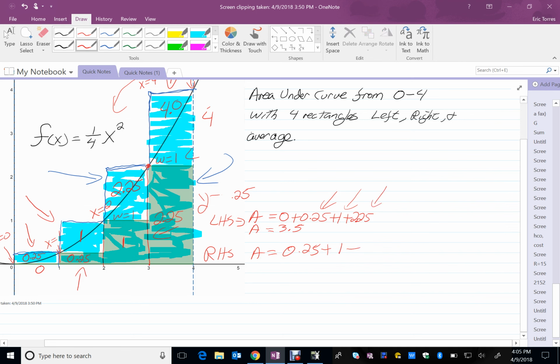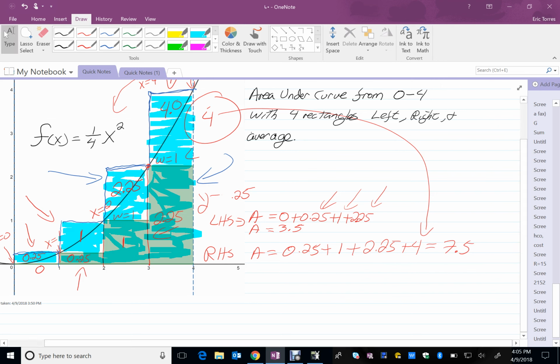Next rectangle plus 2.25. And now my last rectangle gives me an area of 4. So the total area is 7.5. But I know this area is clearly too big.